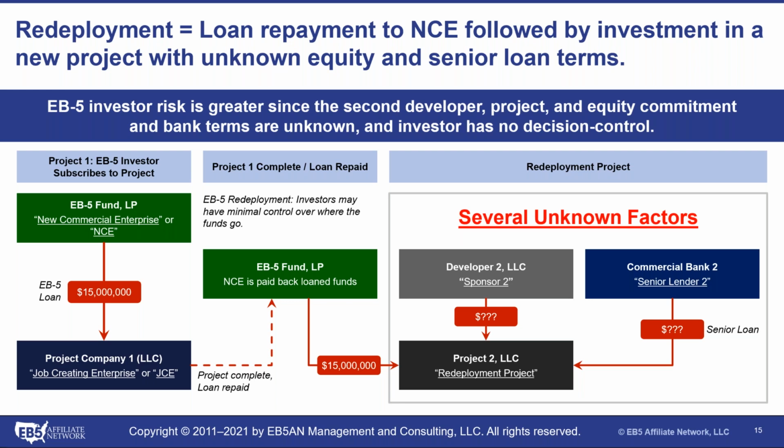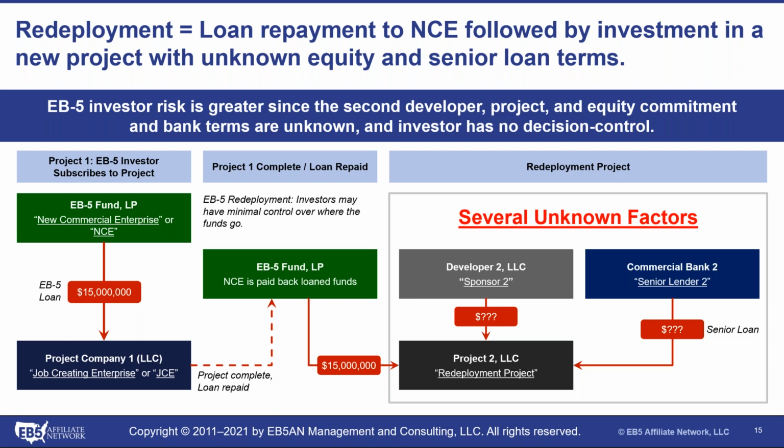I'm from China and I'm not going to wait another, whatever number of years it takes to get in the country. And we know that China more than any other country, which is logical, would have investors that want to withdraw because they don't want to wait for the time to go by to potentially come to the country. So these are very important structural factors in designing this redeployment model.